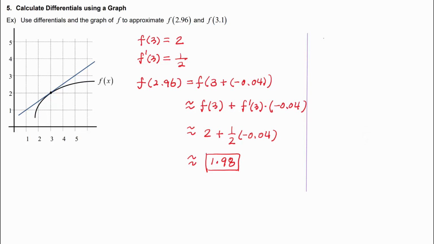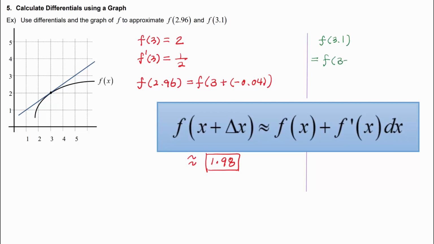And we also need to get f of 3.1. f of 3.1 is f of 3 plus delta x, and this time our delta x is positive 0.1.